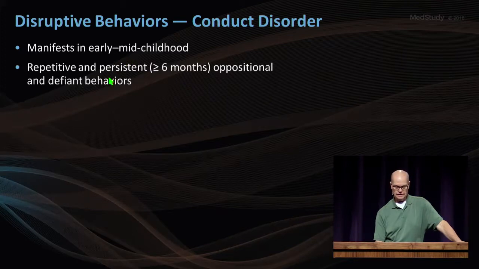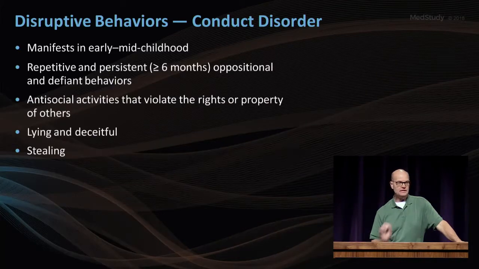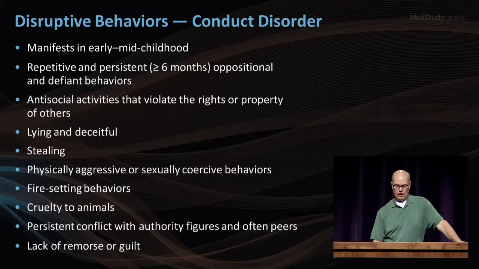Again, very repetitive and persistent. But the key word for conduct versus oppositional will be antisocial behaviors that violate the rights of others. They oftentimes are very physically aggressive or sexually coercive, fire-setting behavior, cruelty to animals, and importantly, lack of remorse or guilt.